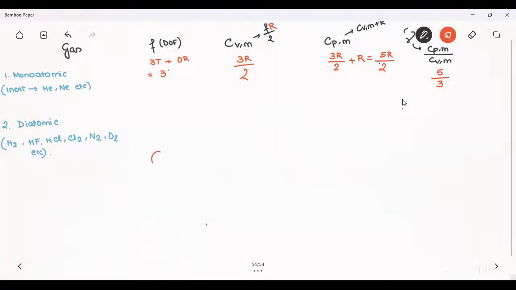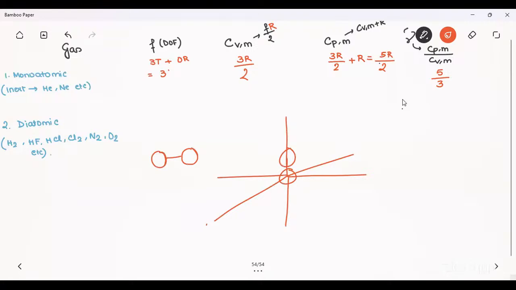Even if the gas is like this, a diatomic gas, it can also move like this, or like this, or like this, right?